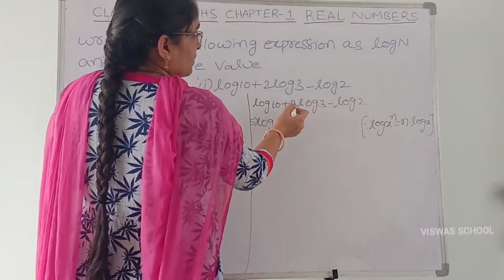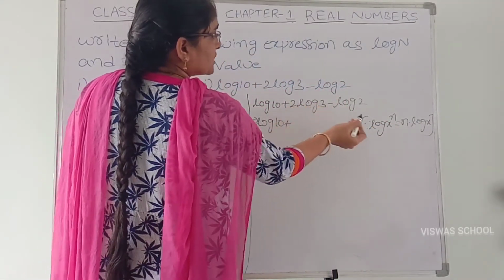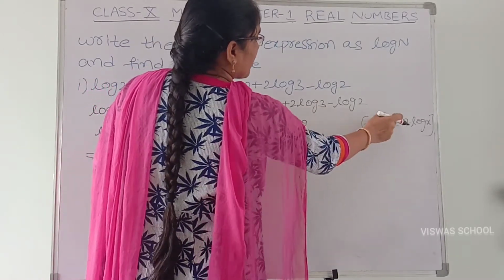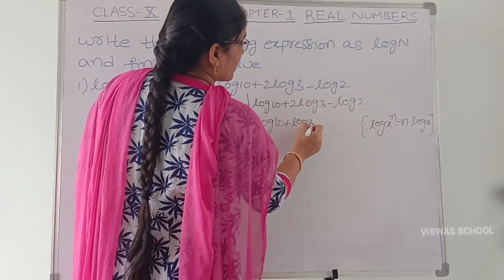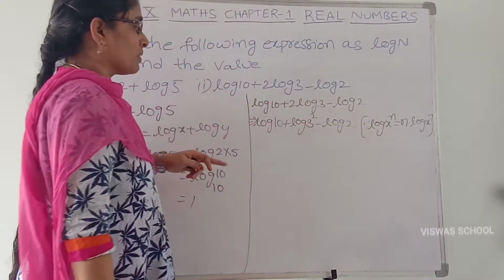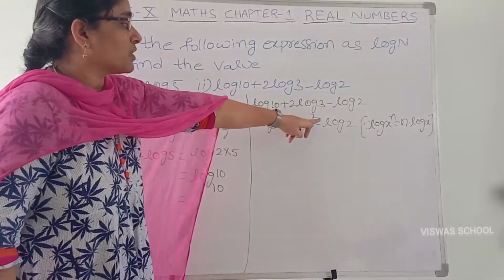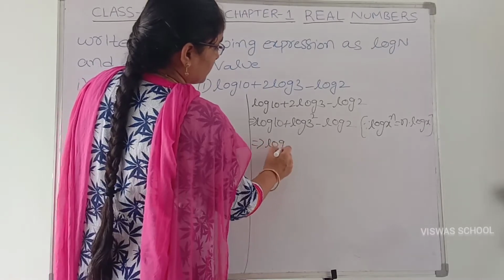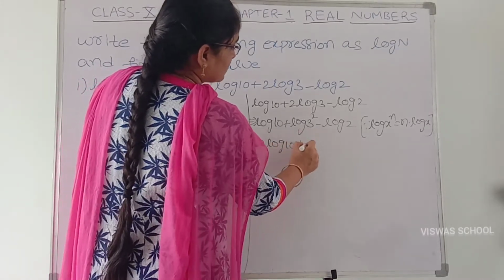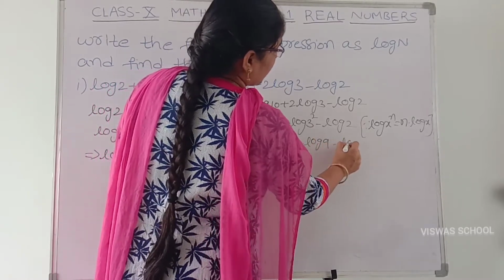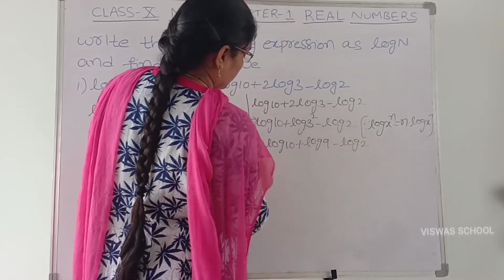Here 2 into log 3 means log x to the power of n, that is 3 to the power of 2. So log 10 plus log 3 power 2 minus log 2. Now it is equal to log 10 plus log 3 square. 3 square means 9, so log 9 minus log 2.